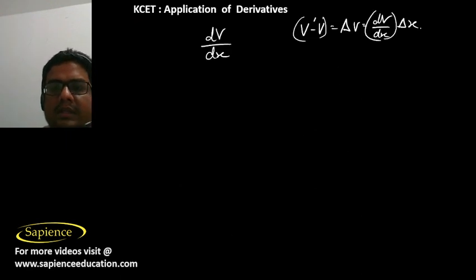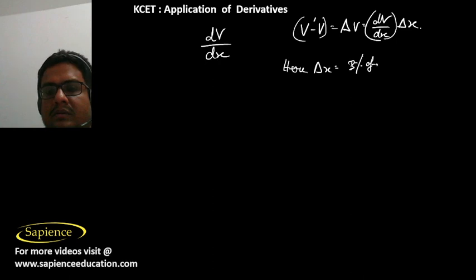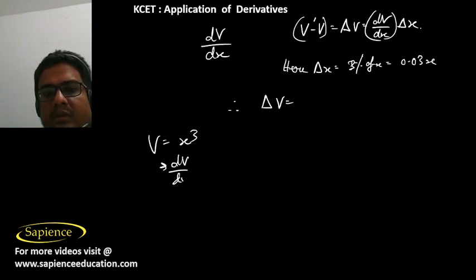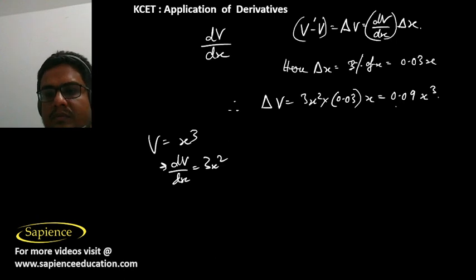Here delta x is 3% of x, that is 0.03x. The volume is x cube, so dV by dx is 3x square. So delta V will be 3x square into 0.03x, which is equal to 0.09 x cube. Like this also we can find.